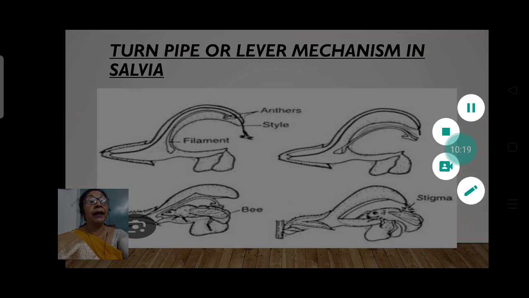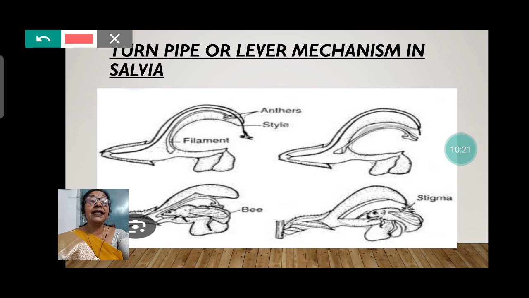The very first one, two petals are present, and this is called the bilabiate structure. The lower petal, the lower corolla, acts as the platform on which the insect can come, and the upper petal is a little bit larger and shows the presence of the stamen, which is the fertile stamen.